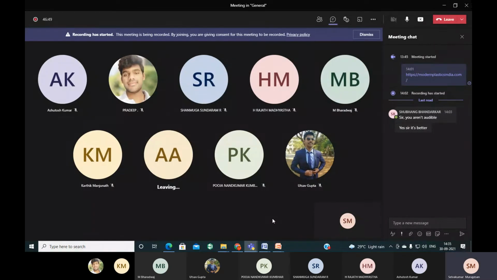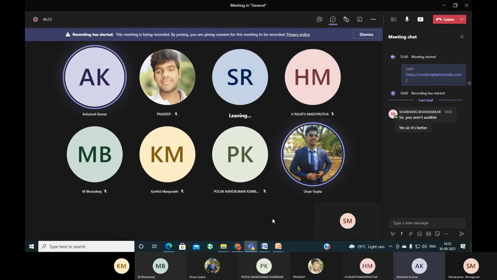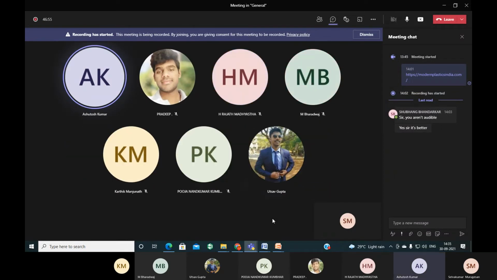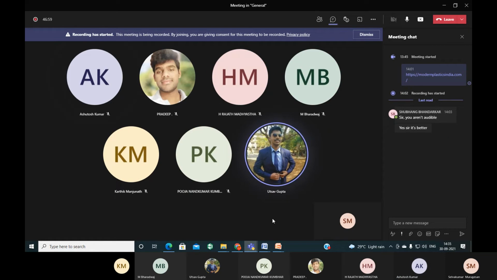Yeah, what is your doubt, Ashutosh? Actually we tried to find some materials, but we are getting only the same fillers, not the same matrix for that filler.